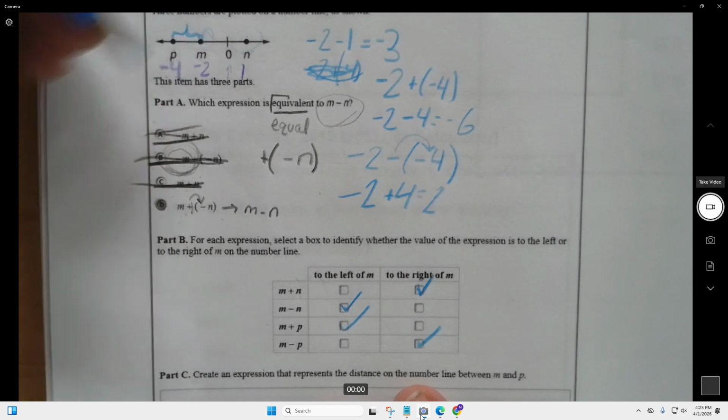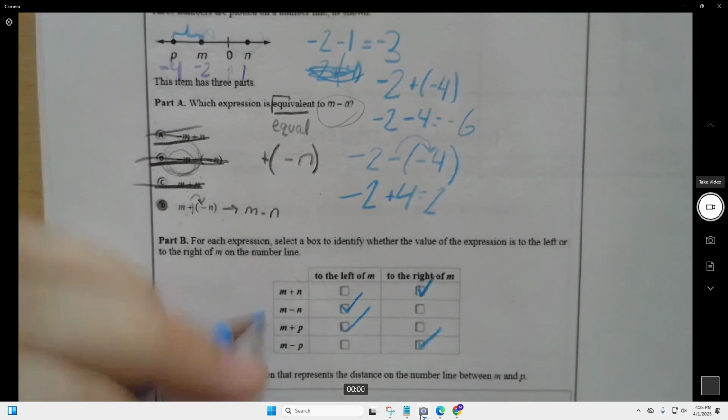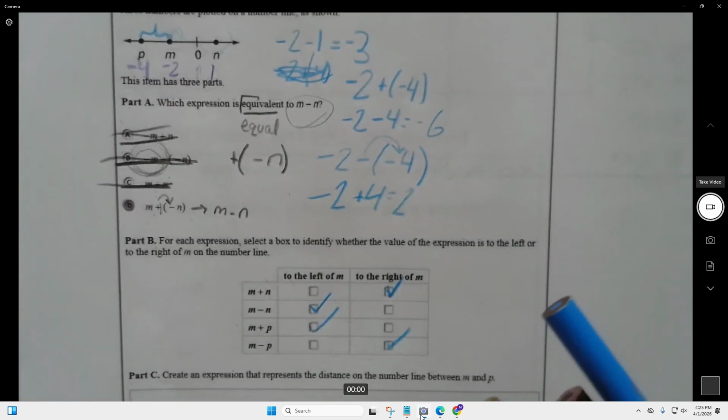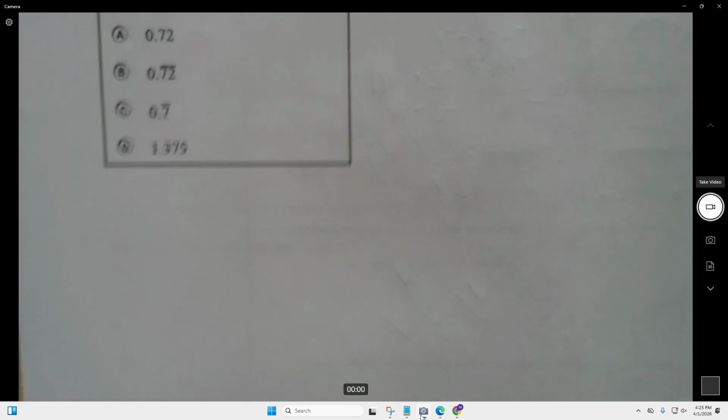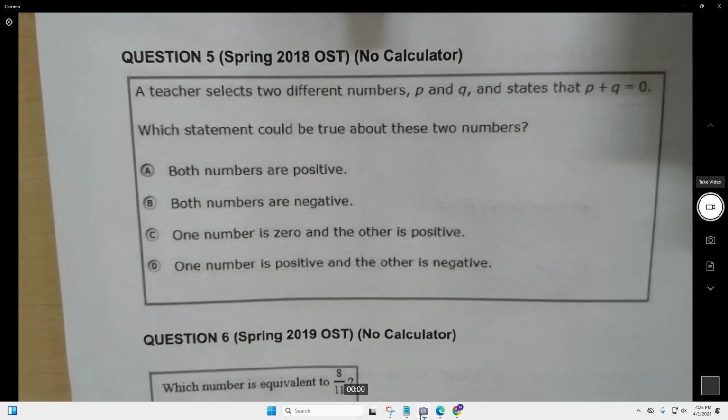Okay? So, let's actually come back to this question. I'm going to put that one on hold, and we're going to come back to that, because that's a challenging question. Let's go to question 5. We'll come back to that later.